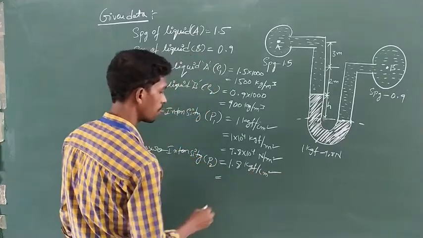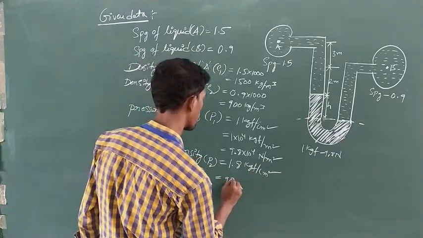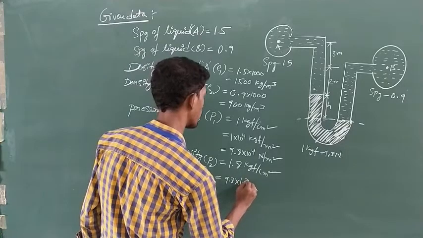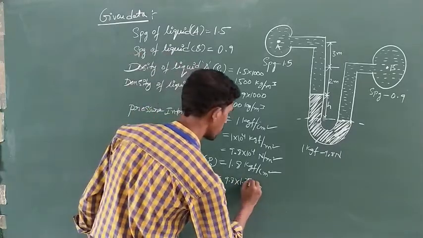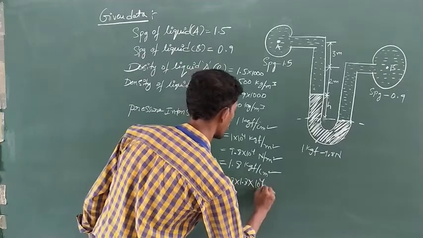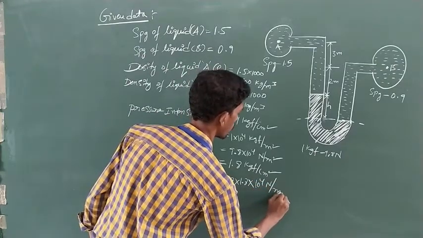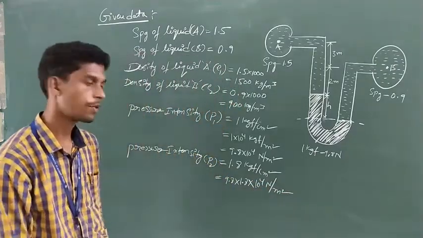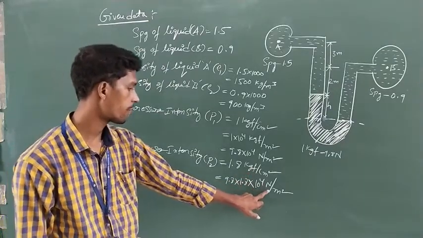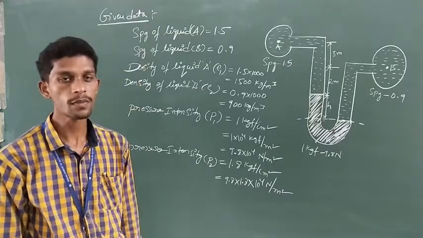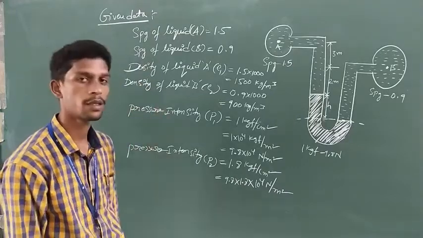So to convert kgf, 9.8 into 1.8 into, to convert centimeter square into meter square, 10 power 4. Right? This is the conversion. Right? 9.8 into 1.8 into 10 power 4 Newton per meter square. So this is the data he has given.